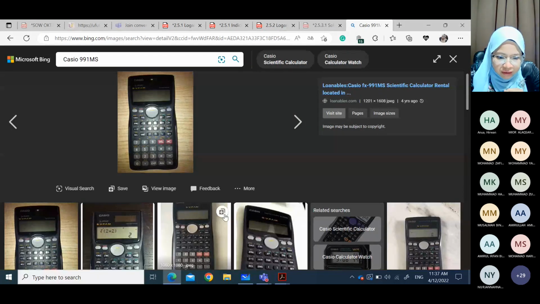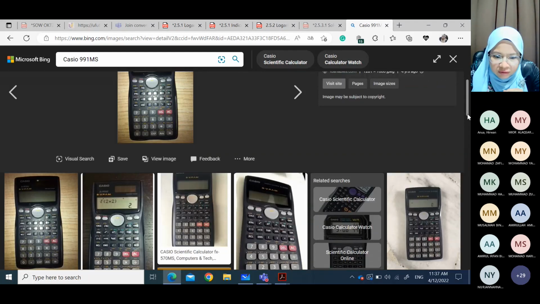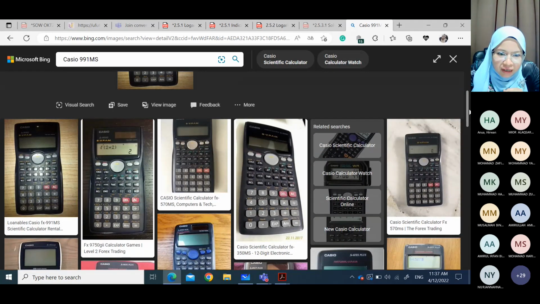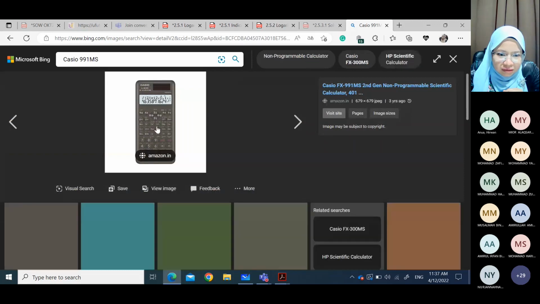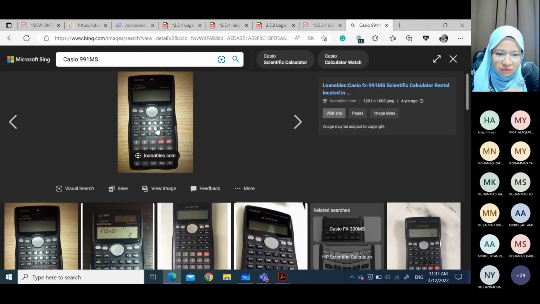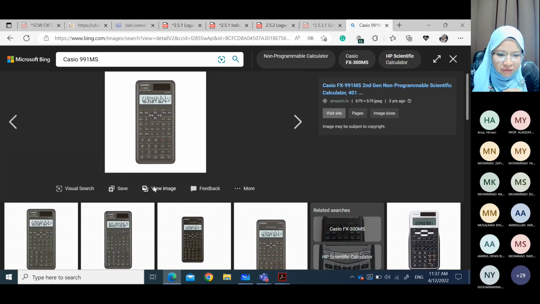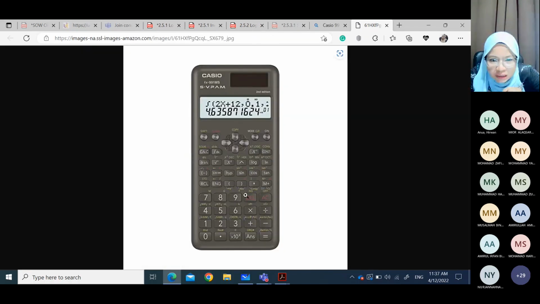Macam mana nak besarkan ni? Klik kat gambar tu. View image. Okay. Kalau lock, cuba tekan log kat sini. Okay, sekarang log, dia ada keluar.